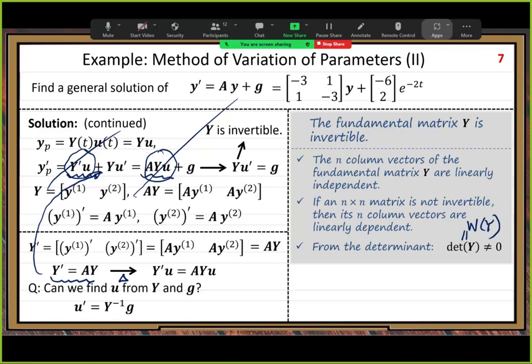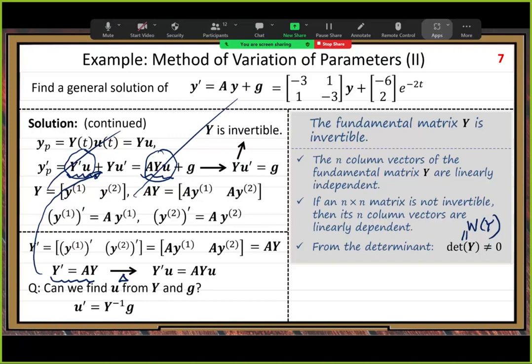After we know Y is invertible, we can calculate Y inverse. If we apply Y inverse, we can find the u prime vector equals Y inverse times the g vector. Y is known, so Y inverse can be calculated. There is a standard process to calculate the matrix inverse.